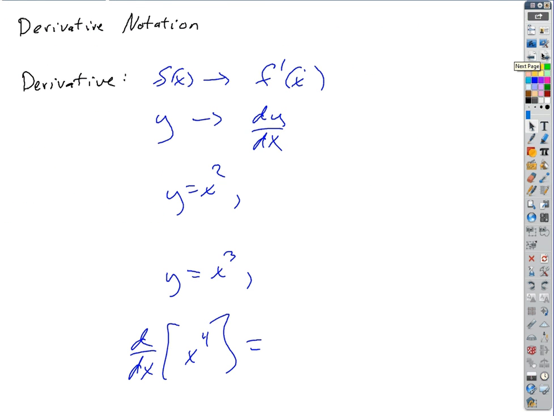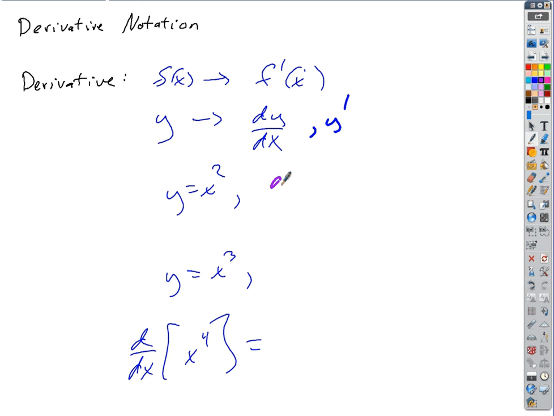Just a reminder of the notation: if we start with f of x, we'd say f prime of x. If I start with y, I would say dy dx, or I could say y prime. So I'm giving you a function in y equals x squared form. What's the derivative? I could do y prime, or I could do dy dx, either one, right?